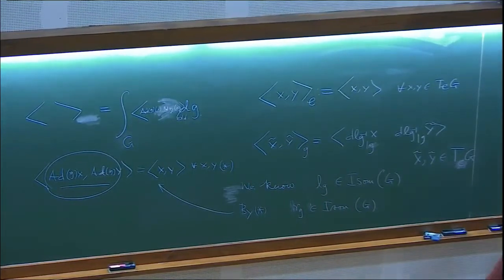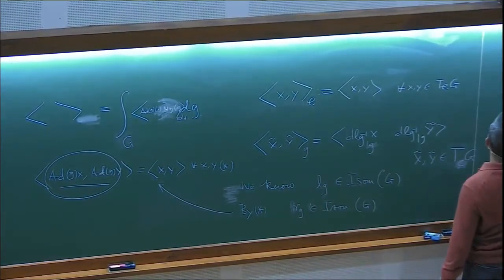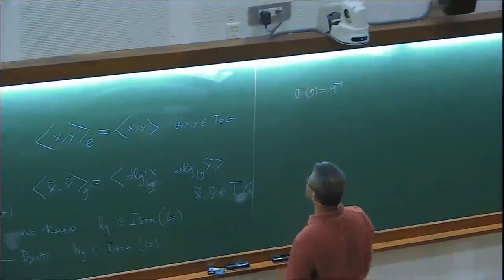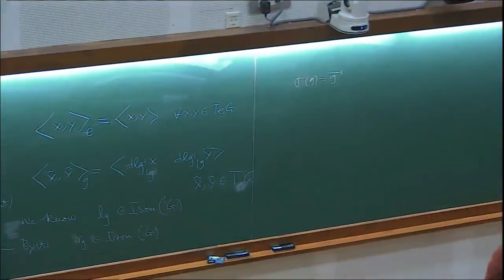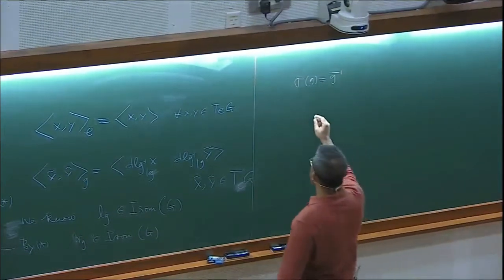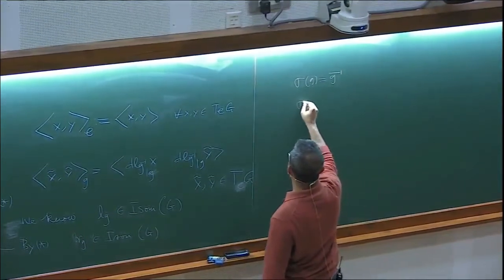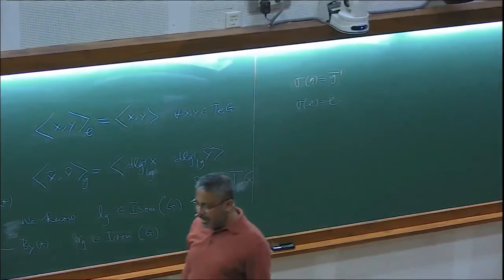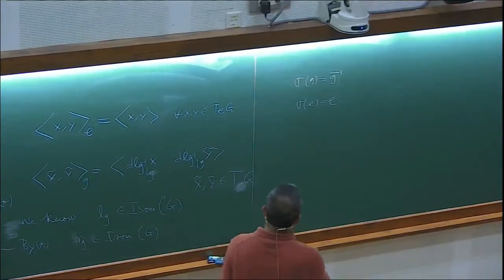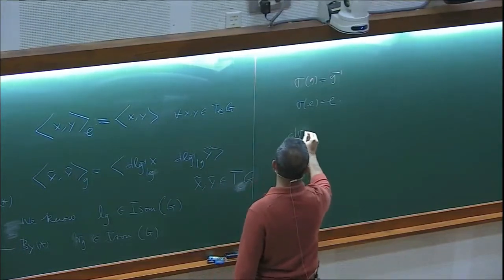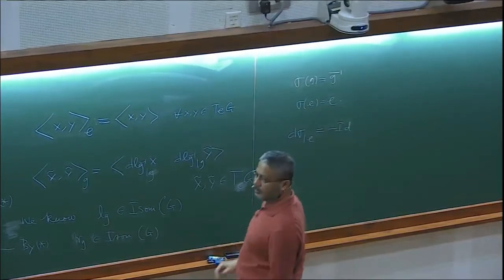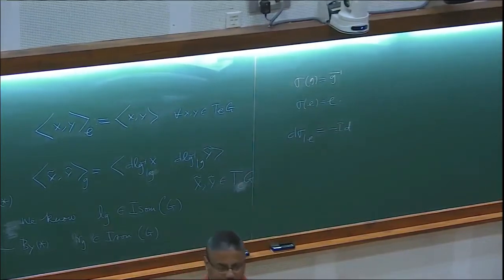So I define now sigma of g to be g inverse. Okay. So what does it do? It fixes identity. Okay. And it is also true that d sigma at e is minus identity, right?